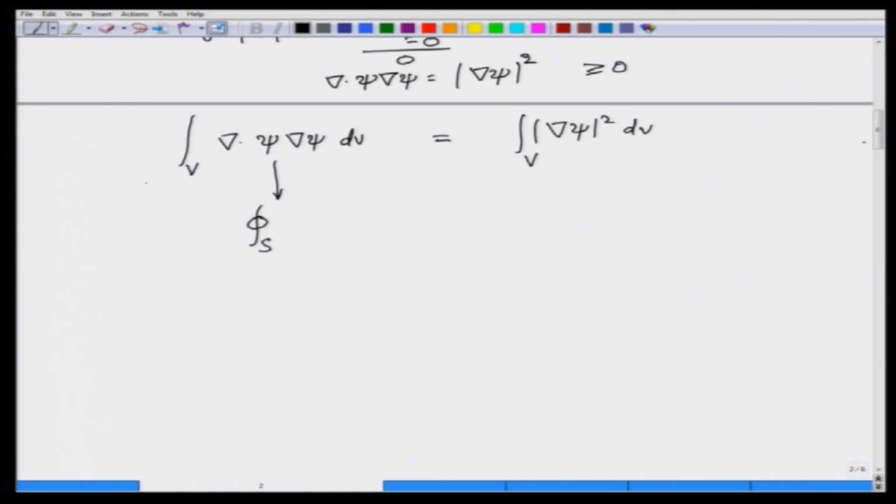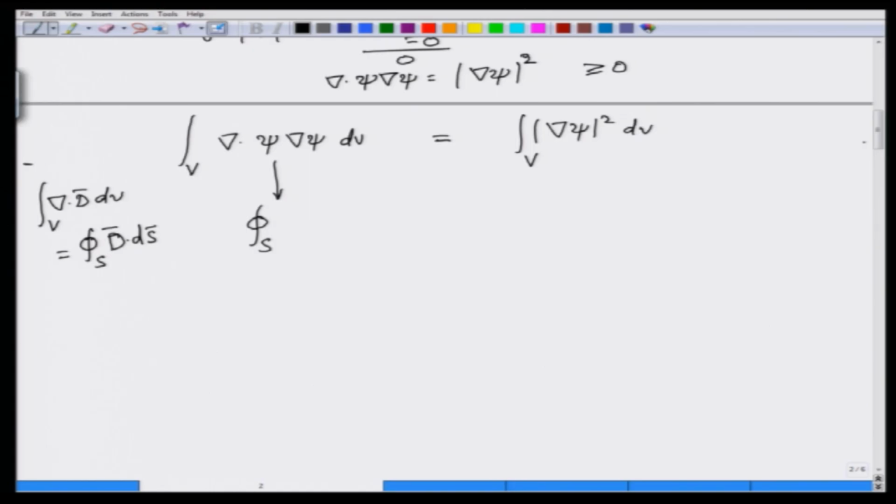If you are unsure about this, recall how we used this relation for developing the point form of Gauss's law. You had del dot D dV integrated over the volume. This was equal to the charge enclosed in that volume, but this quantity, del dot D dV, can be replaced by the surface integral of the flux density.